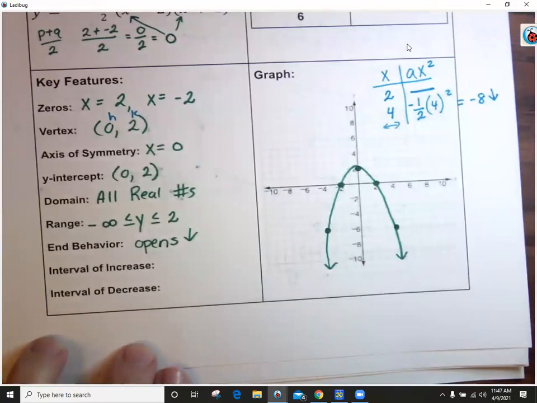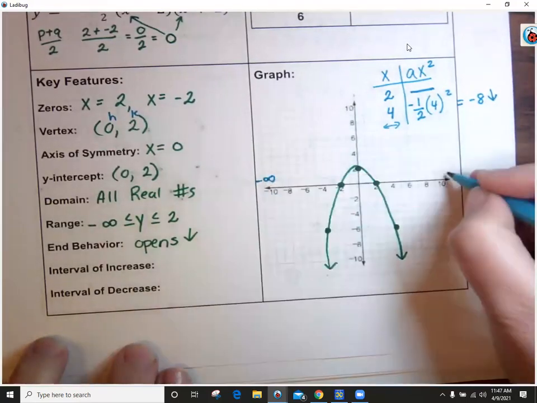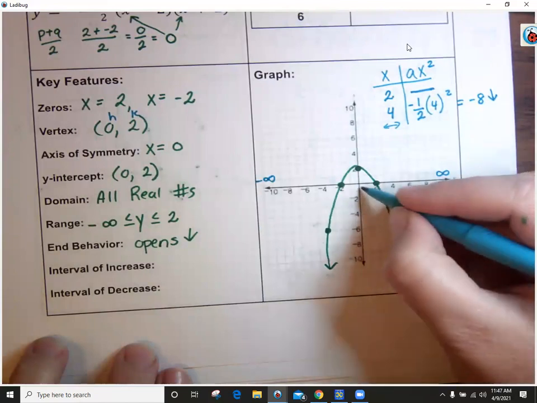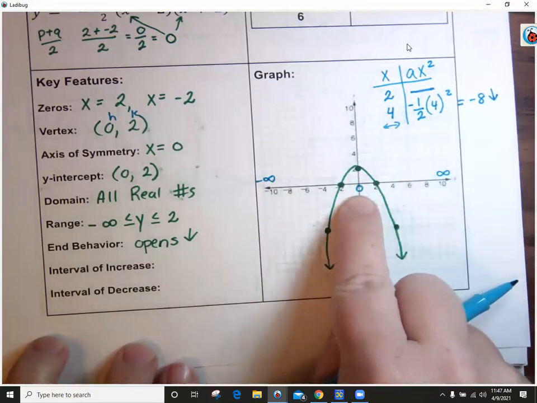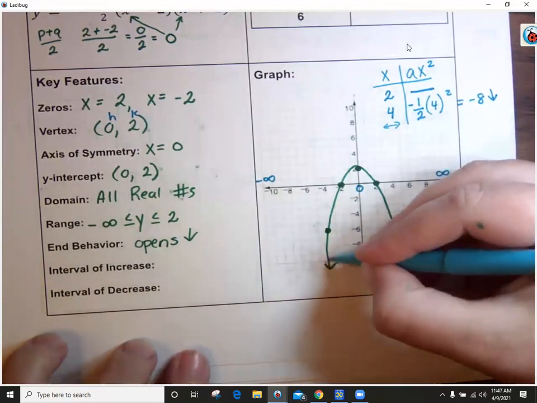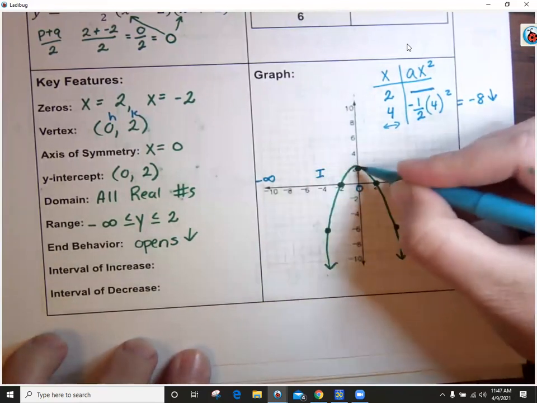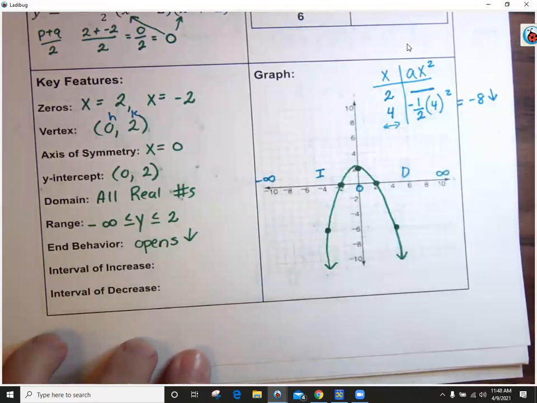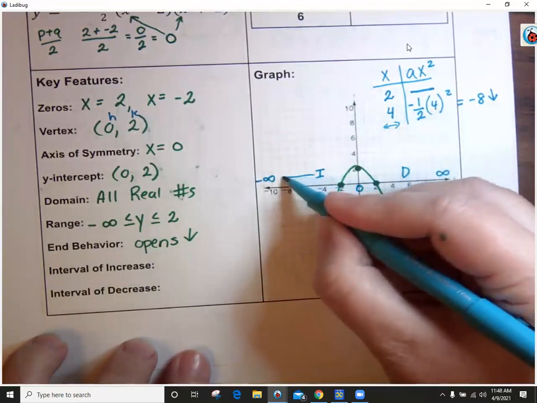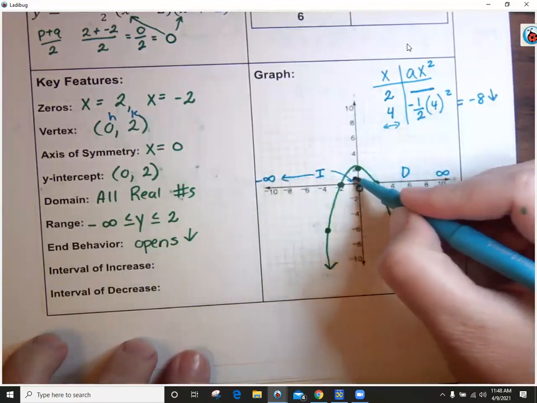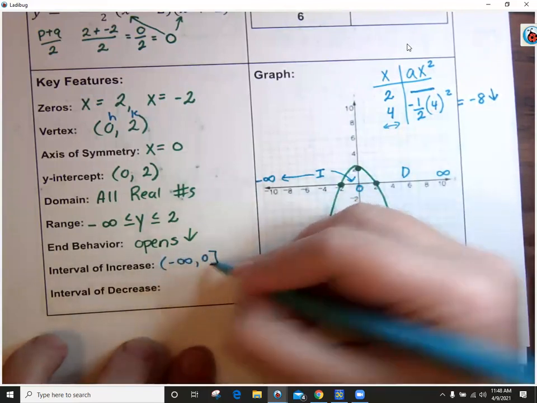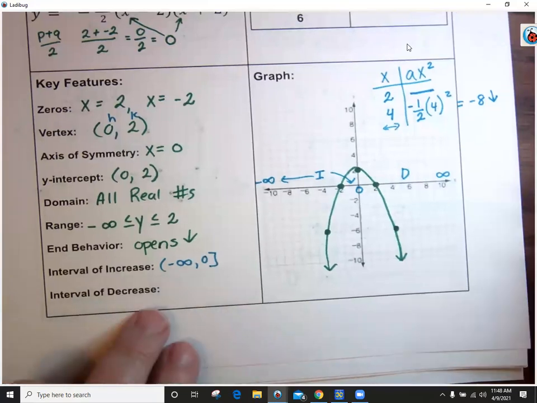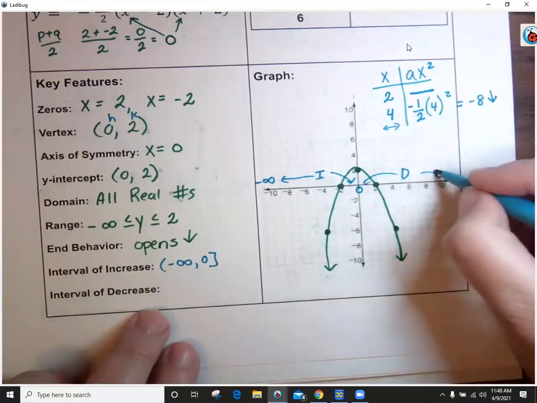For interval of increase and decrease, we'd have -infinity and positive infinity. And then we look at the number of our axis of symmetry, which is 0. And we say this thing starts out increasing and then it starts decreasing. So our interval of increase is from -infinity to 0, and our interval of decrease is from 0 to infinity.